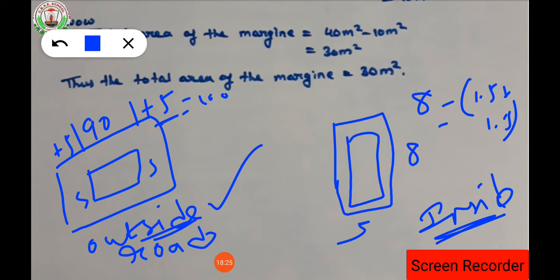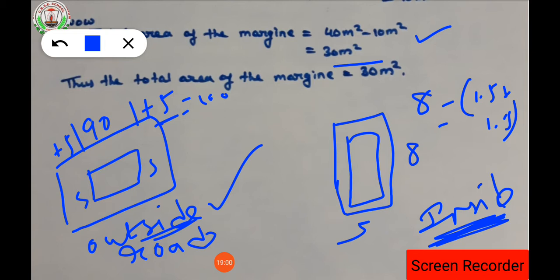So while solving the questions you should be more careful about what is said in the question. Now you will ask me, teacher, why is it added? It depends on the question. Here it is said inside, so we are going to subtract their area. In question number 1 and 2 it is said that the road is being drawn outside, so there we are going to add.